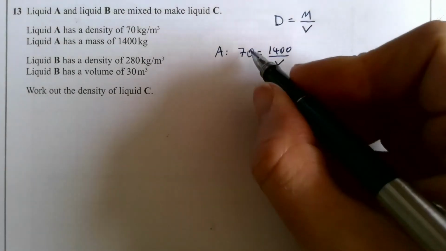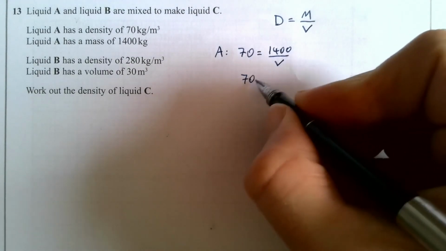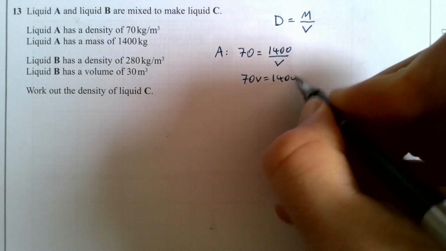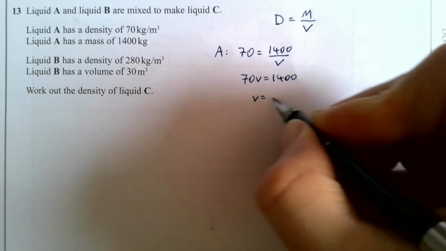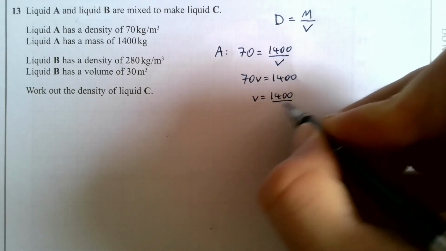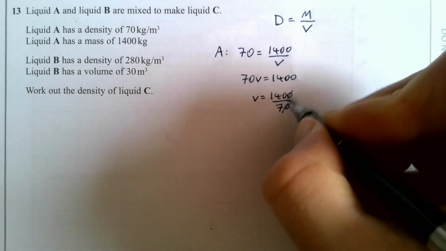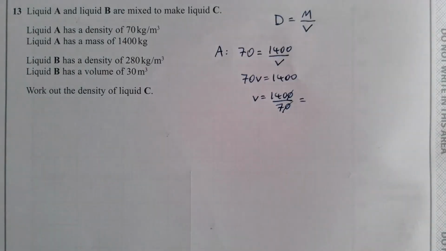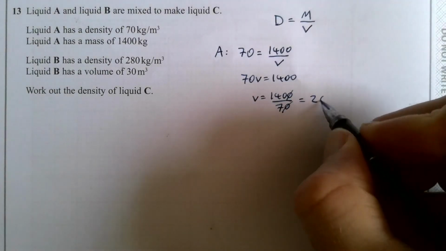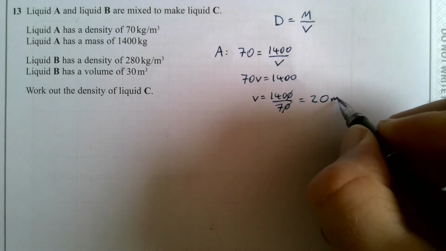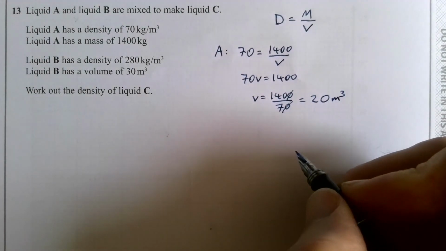So I could multiply by my volume to give me 70V equals 1400. I could divide by 70. 1400 divided by 70, oh that's nice, divide them both by 10, and then 7 goes into 14 twice, so that is 20 meters cubed for A.